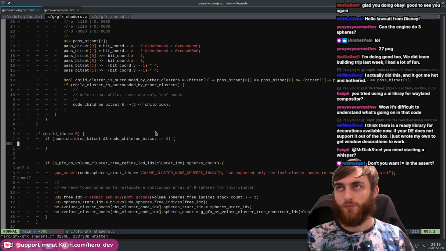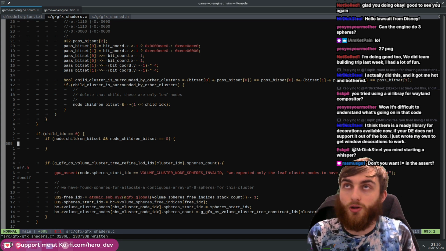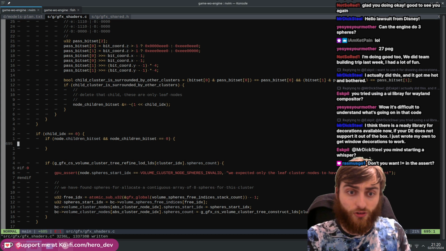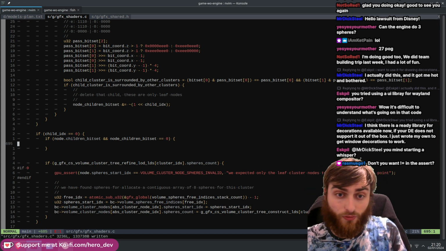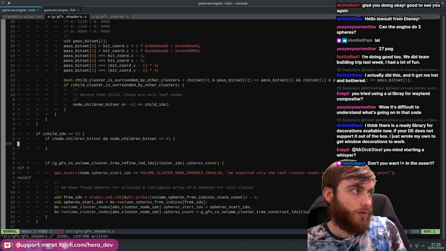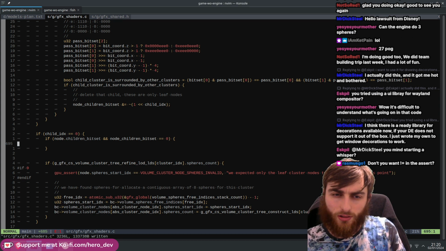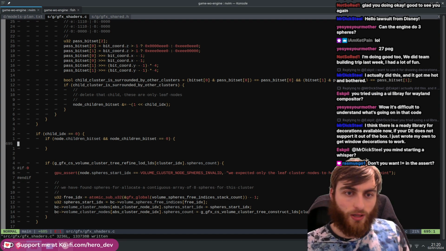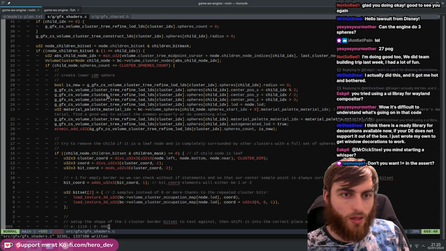So your two solutions at this point: you could update the nodes, put the new bit set data in, then run another shader after this, and you'll traverse up from the original leaf nodes which we've started from in this shader, and you see if we could probably mutate the child node's spheres count, set it to 0.